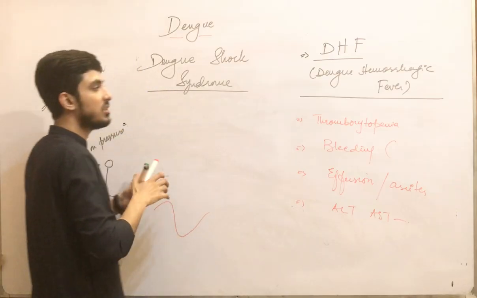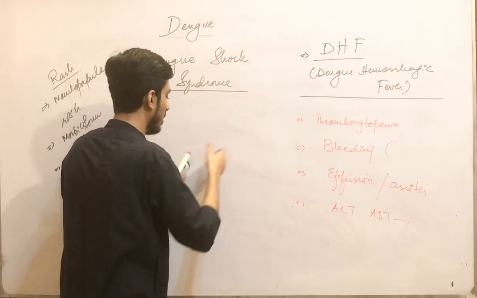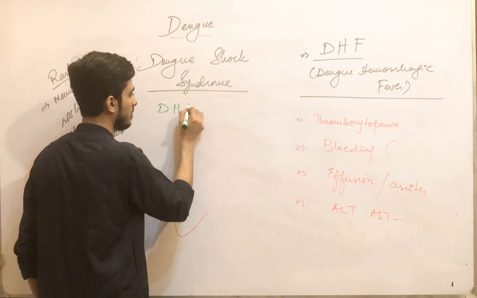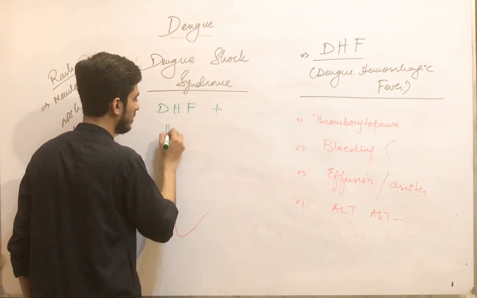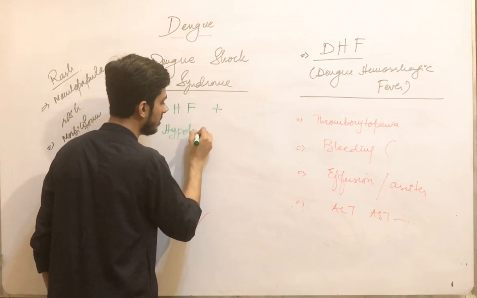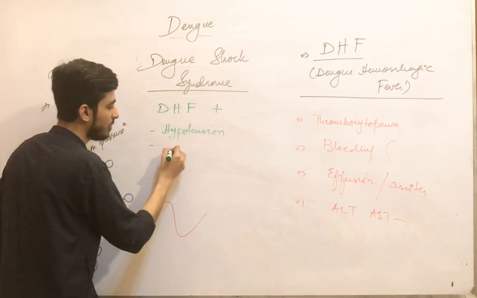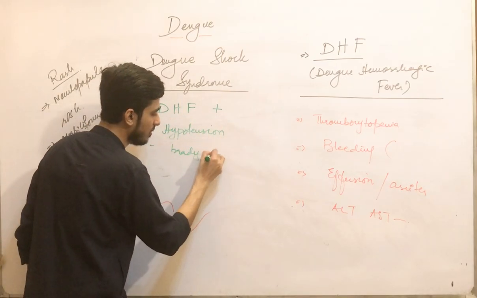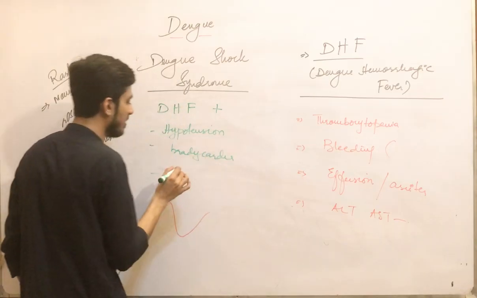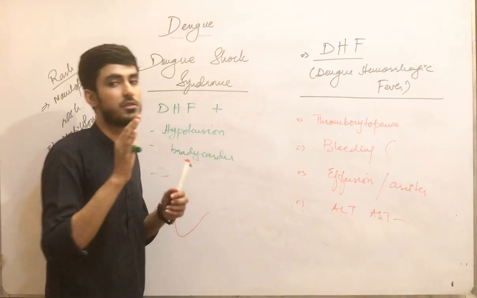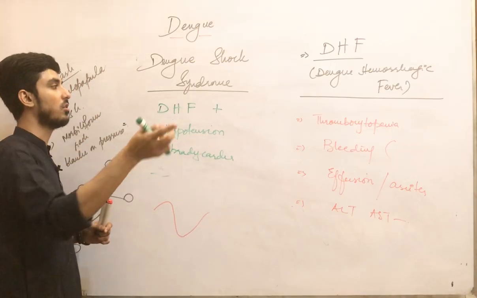Basically all the features of the dengue hemorrhagic fever plus hypotension, means the patient condition having shock. Dengue hemorrhagic fever features along with hypotension, bradycardia, restless, irritable. This is basically the dengue shock syndrome, in which the patient is moving now towards the shock.